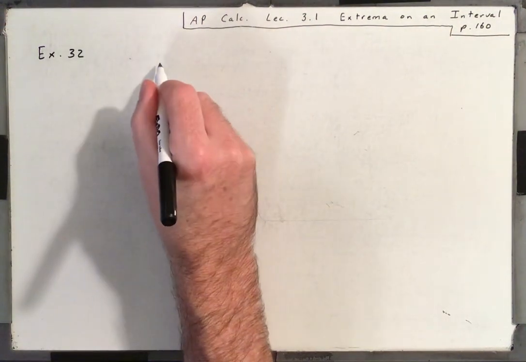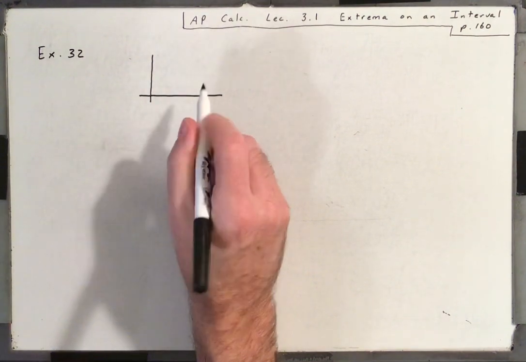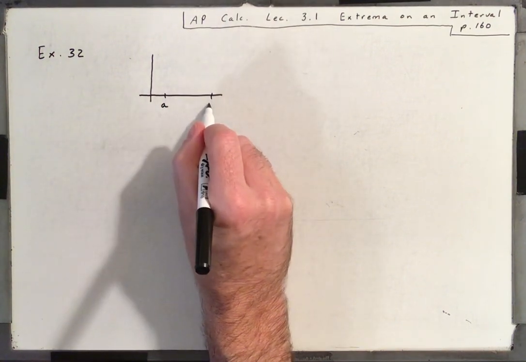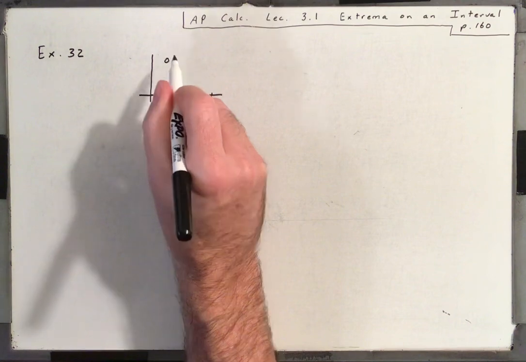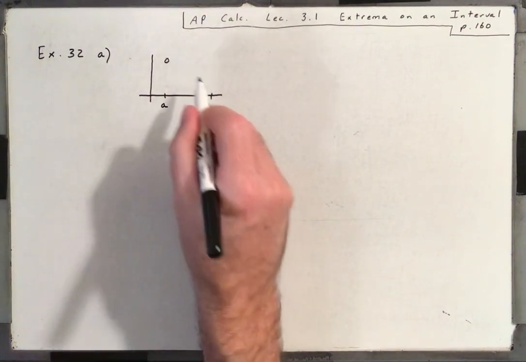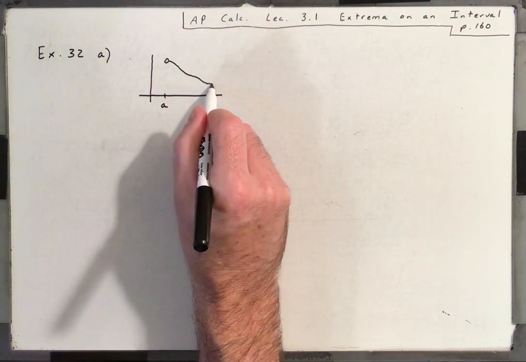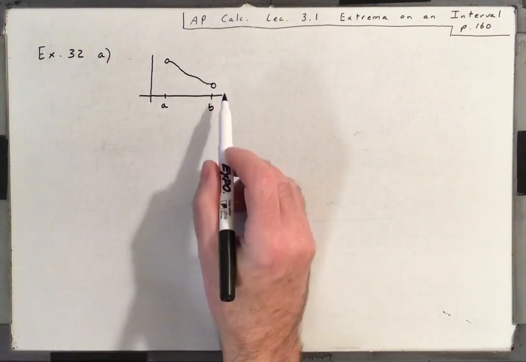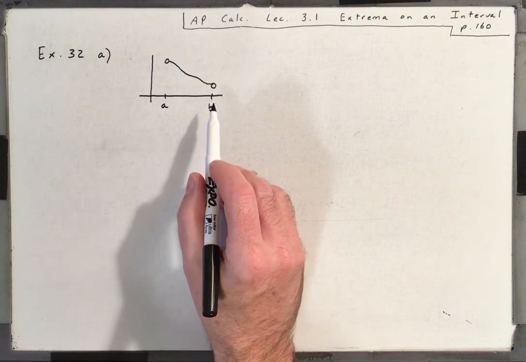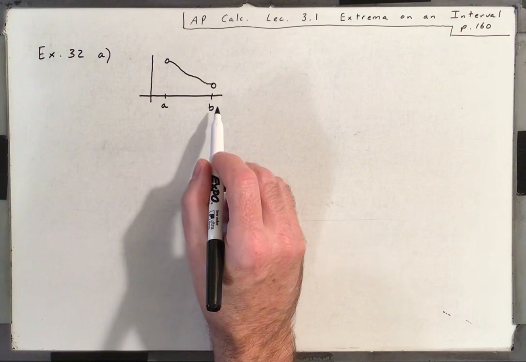So let's just draw it out here. So I've got A, B, we're up here, and so this is part 32A. And it doesn't have to be exact, but it's a declining function to there. And the question is, determine whether f has a minimum on this open interval a to b.